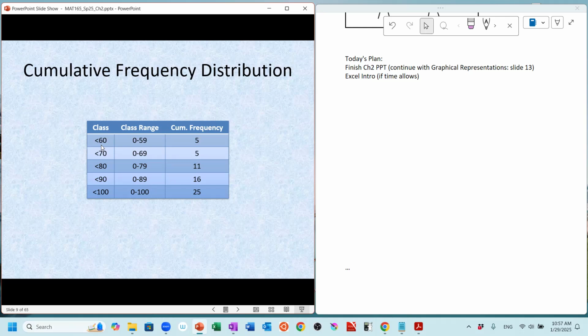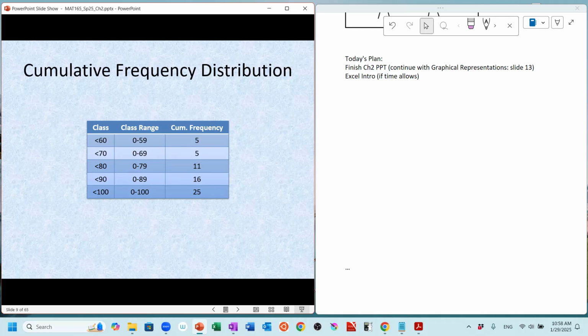So next up, instead of looking at F or below, I'm looking at D or below, less than 70, or 0 to 69. D or below, there were 5 folks that got an F and 0 that got a D. I expand the F bin to include the Ds as well. I still only have 5 folks because nobody got a D. The C or below bin, the next one up, I expand the D or below one more class width to make it up to a C or below.